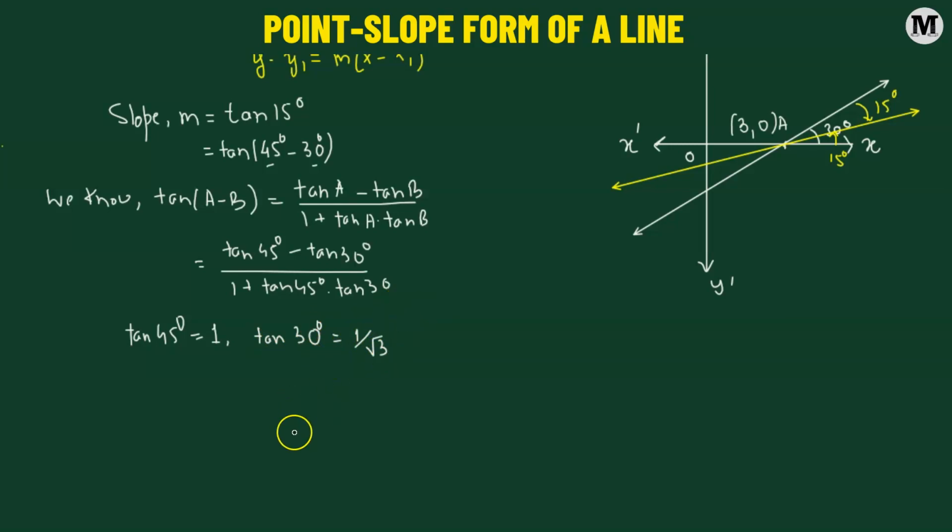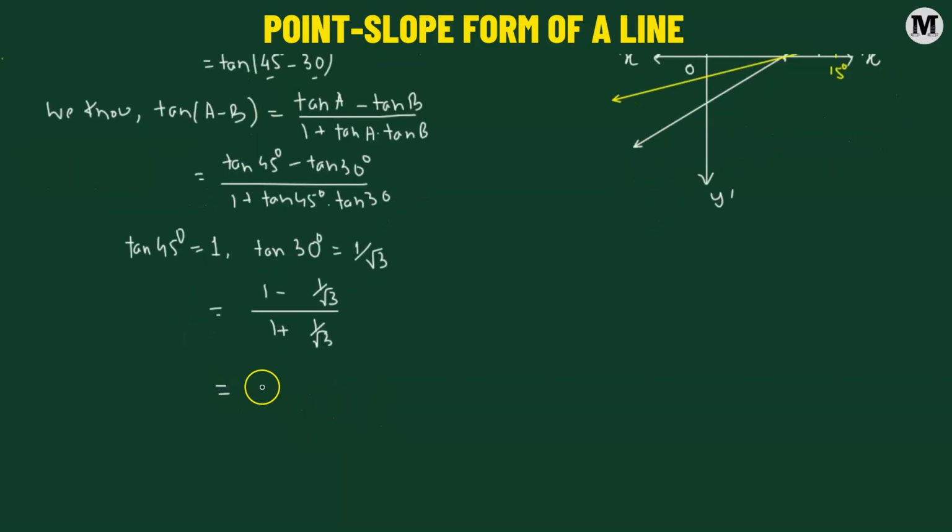Substituting these values, we get (1 minus 1 over square root of 3) divided by (1 plus 1 over square root of 3). This gives us (square root of 3 minus 1) divided by (square root of 3 plus 1).